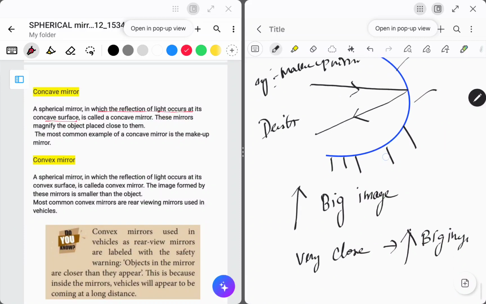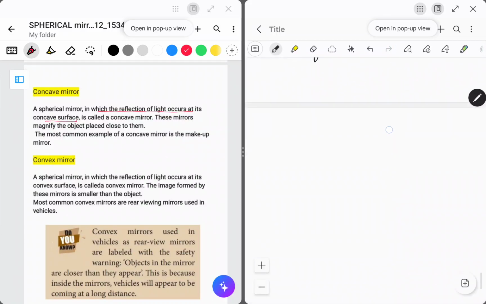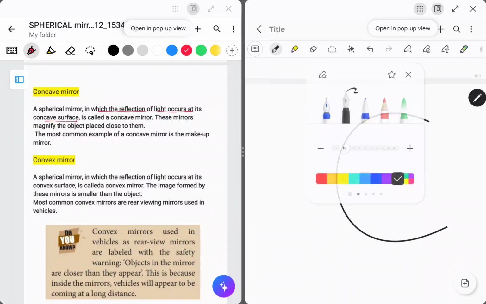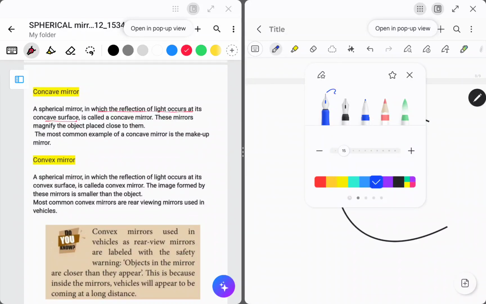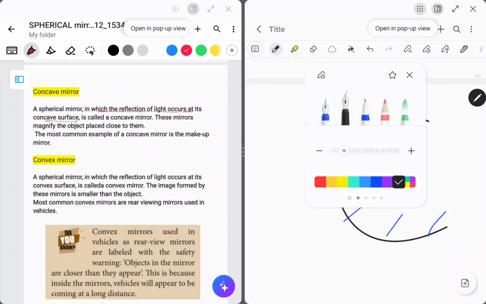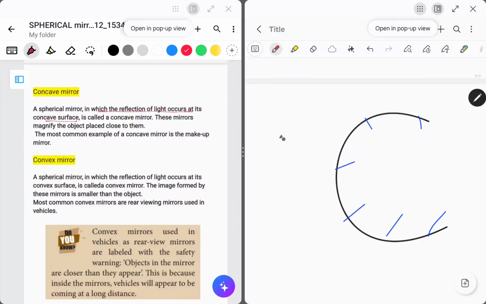Okay, another thing we have is the convex mirror. In this convex mirror, the reflection is happening on the convex surface, or we can say at the outside. When the light reflection is happening on the convex surface, then we consider it a convex mirror.